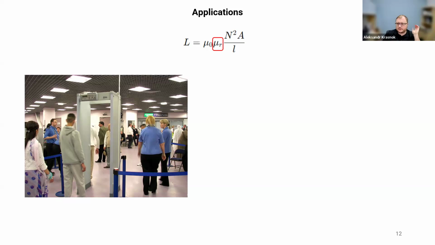And suppose you have something metallic in your pocket, a knife, whatever. The presence of the metallic thing will cause a change of the inductance, and you will detect that through the change in the current. Okay, so for security purposes, it's a very important fact.